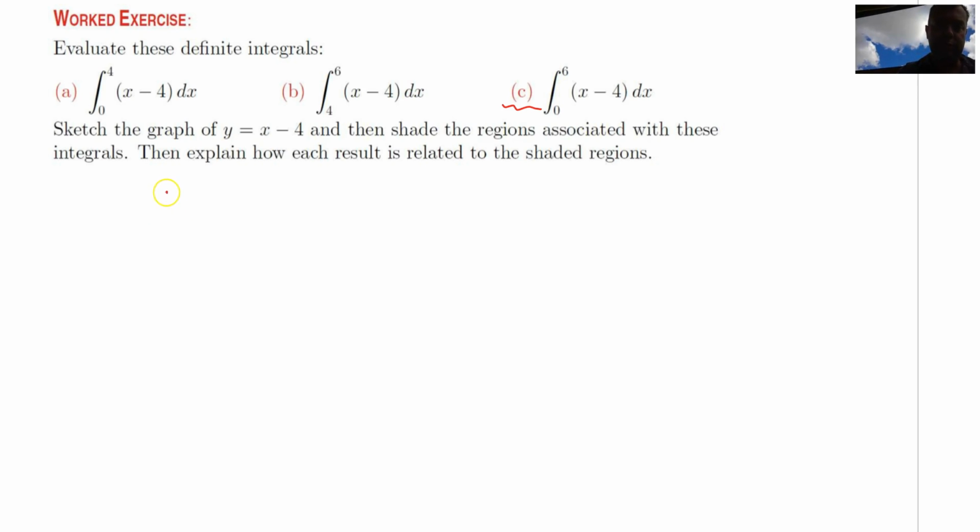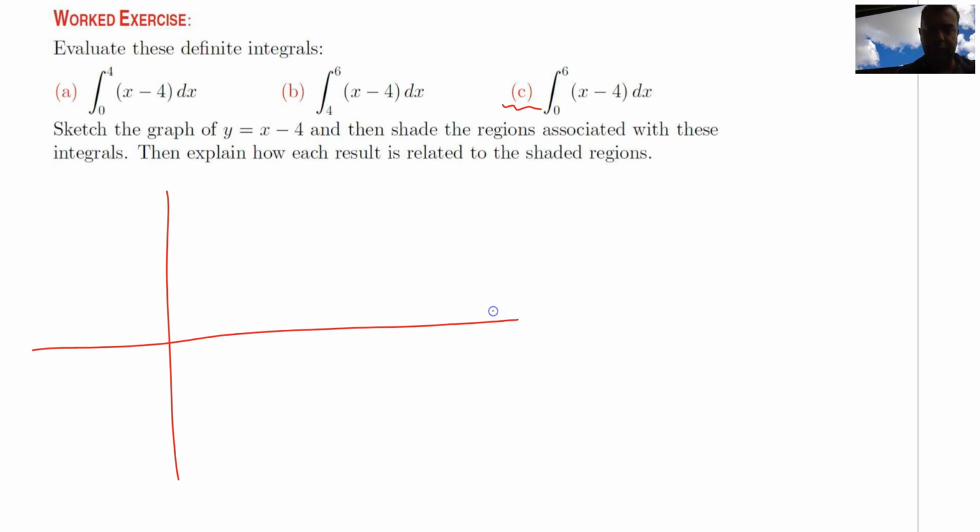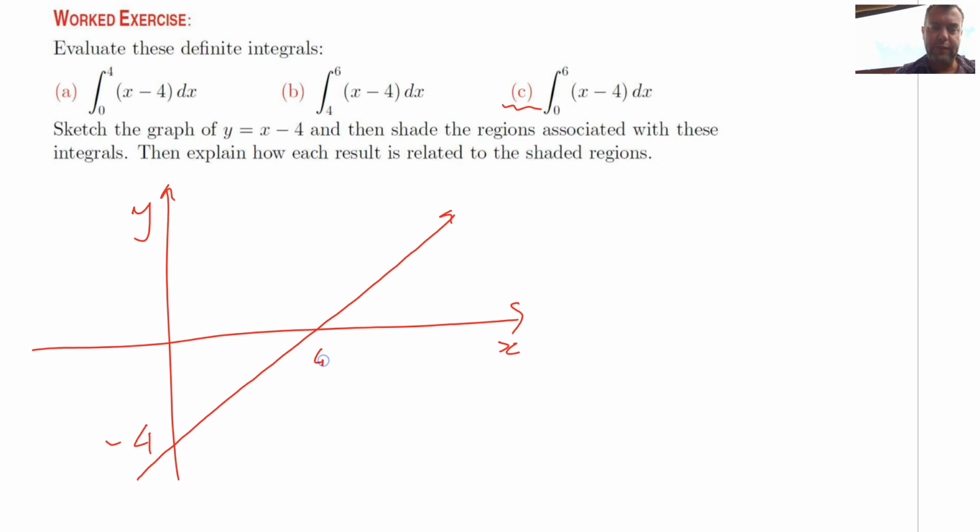So we're going to sketch this function, x minus 4 from 0 to 6. Let's say it looks a bit like this. There's x and y, and that's our x minus 4. It's going to be negative 4 there. From 0 to 6, well, I guess 6 is somewhere like this.